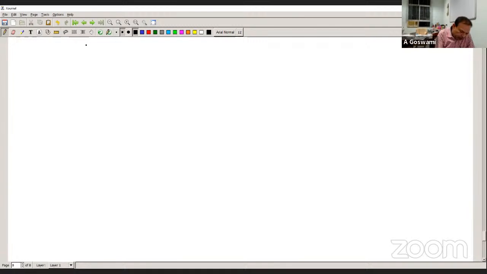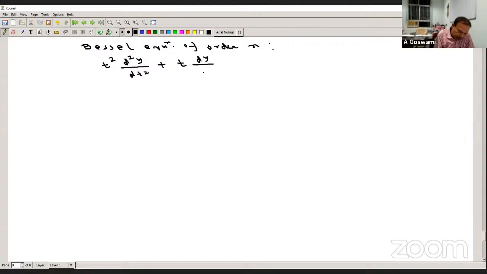So the Bessel equation, I will skip certain parts. Of order n, as you know, this is t square d2y dt square plus t dy dt plus t square minus n square of y equals 0.